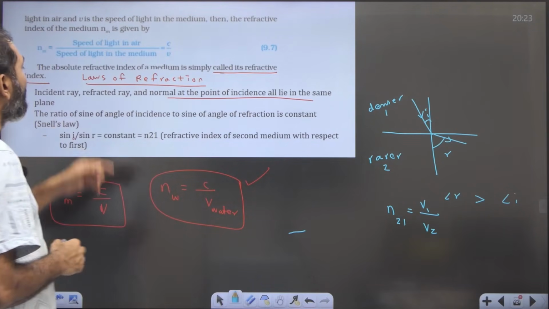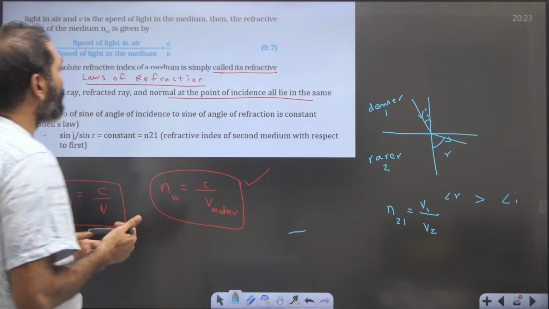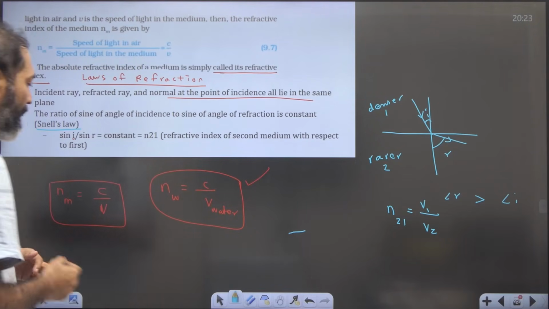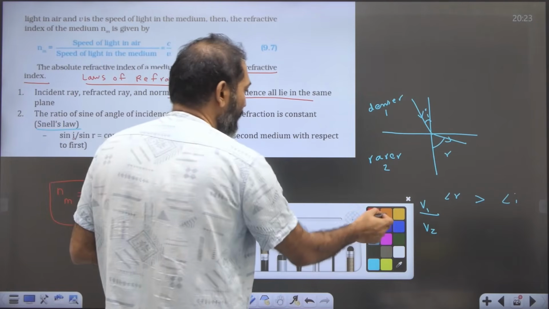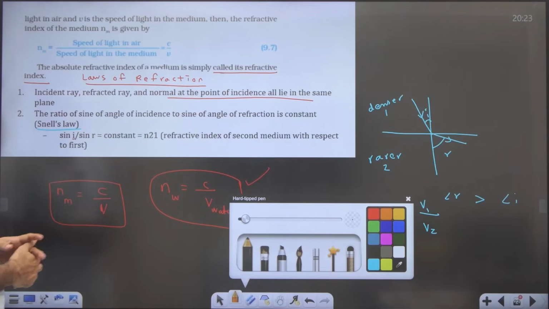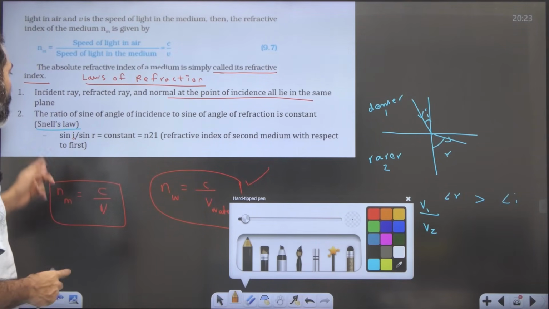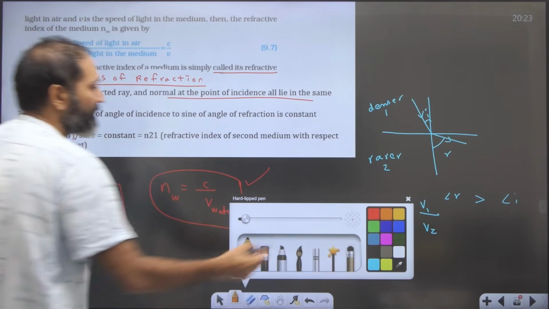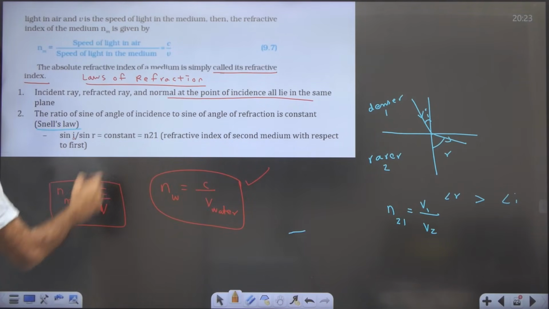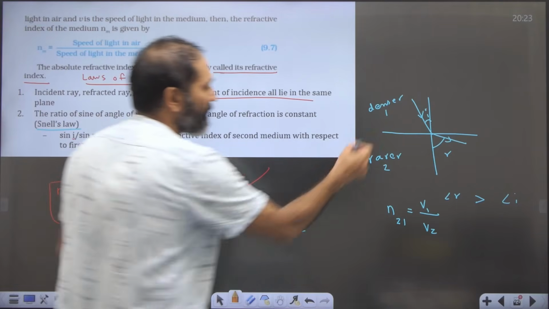The ratio of the sine of the angle of incidence to the sine of the angle of refraction is a constant. This law is called Snell's law. This constant is called what? Refractive index. So sin i by sin r is equal to a constant. The light ray is traveling from denser to rarer.